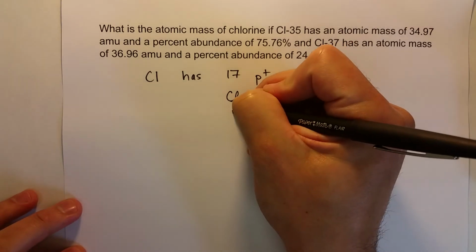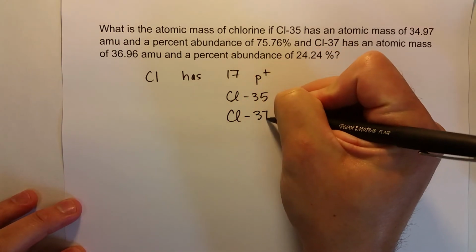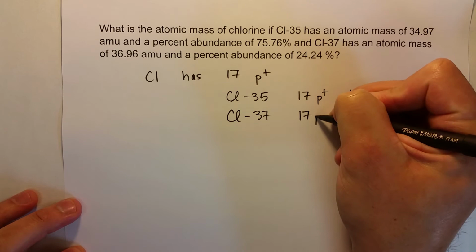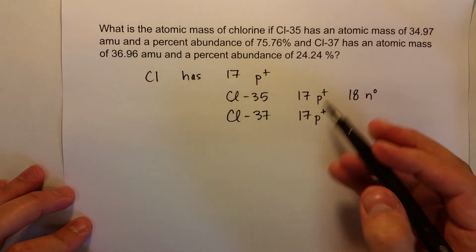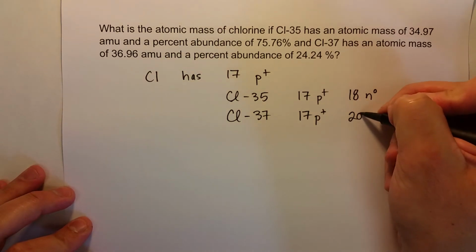So that means chlorine-37 also has 17 protons. Every single chlorine atom has 17 protons. And then, of course, 37 minus 17 is 20.